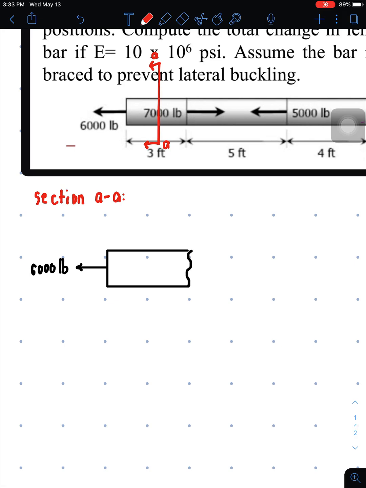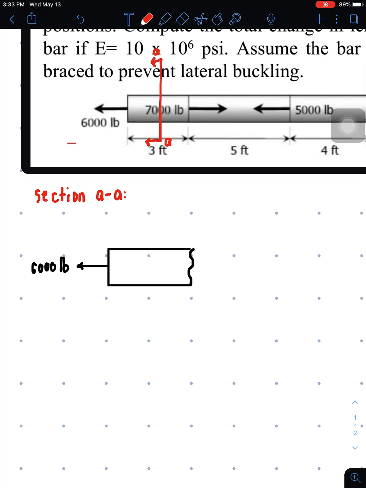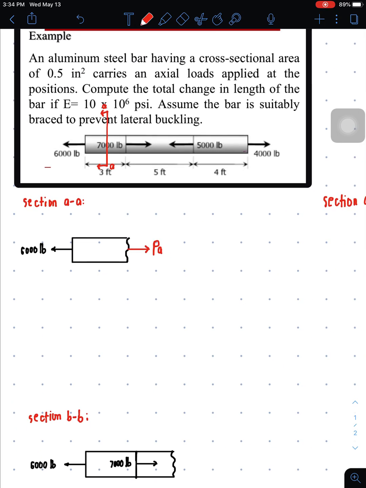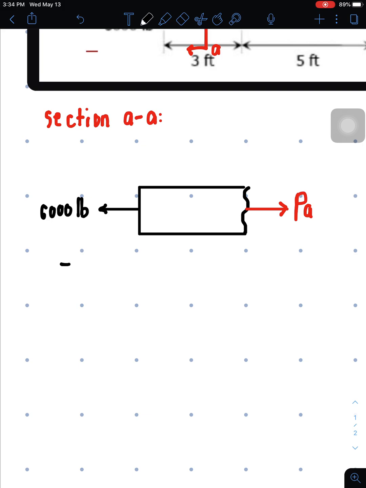As you observe, I have copied the 6,000 pounds and it is going to the left. As you observe, it's now imbalanced. What we're going to do is provide a force that will counteract the 6,000 pounds. It's obvious that the force should be pointing to the right. I'll call that force PA because it is under section AA. Using the equilibrium equation, summation of forces horizontal, PA is just equal to 6,000 pounds.